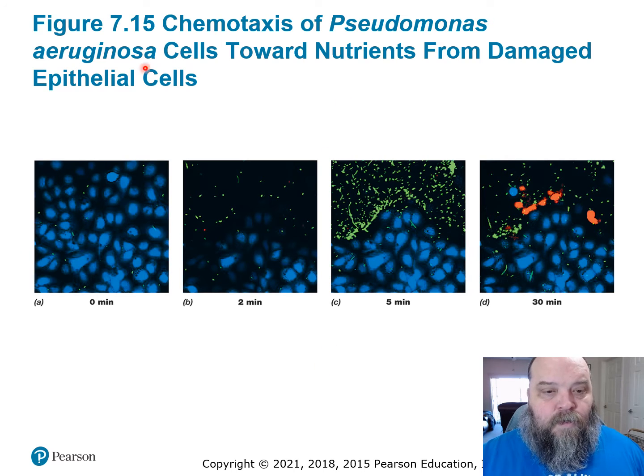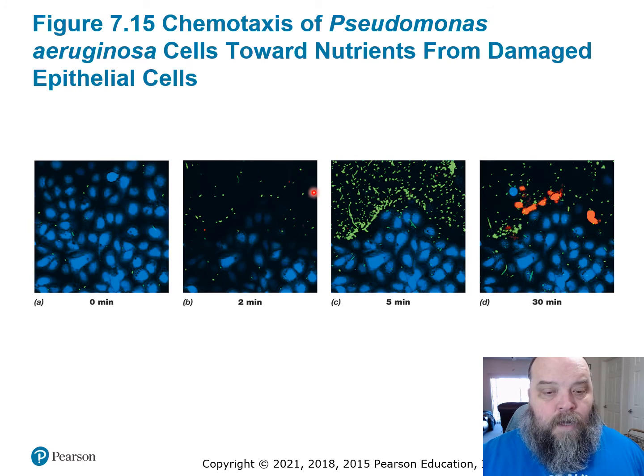You look here, you can see Pseudomonas aeruginosa, the little green dots are bacteria. Here are some epithelial cells. The epithelial cells were damaged. Basically, they burst open. How? Doesn't matter. Intracellular contents were spilled out and start to diffuse away.